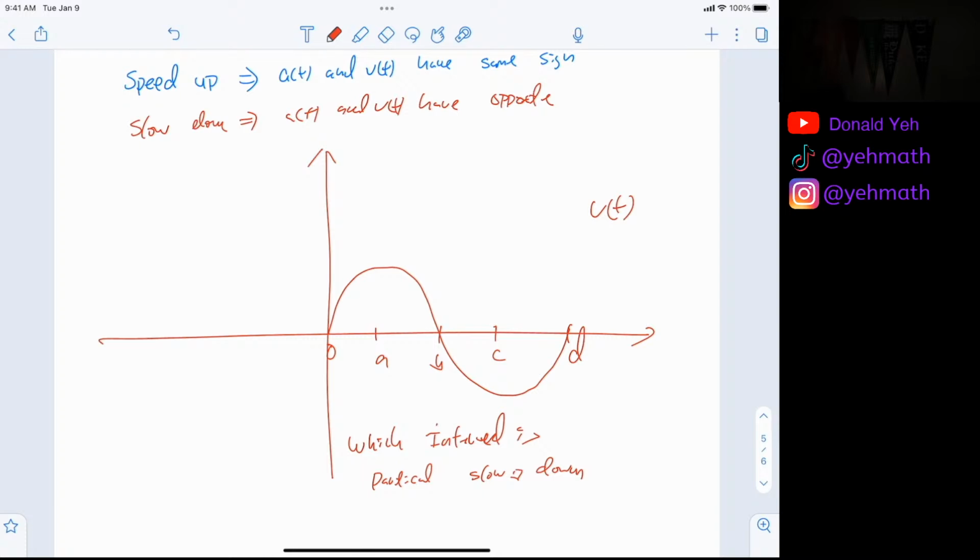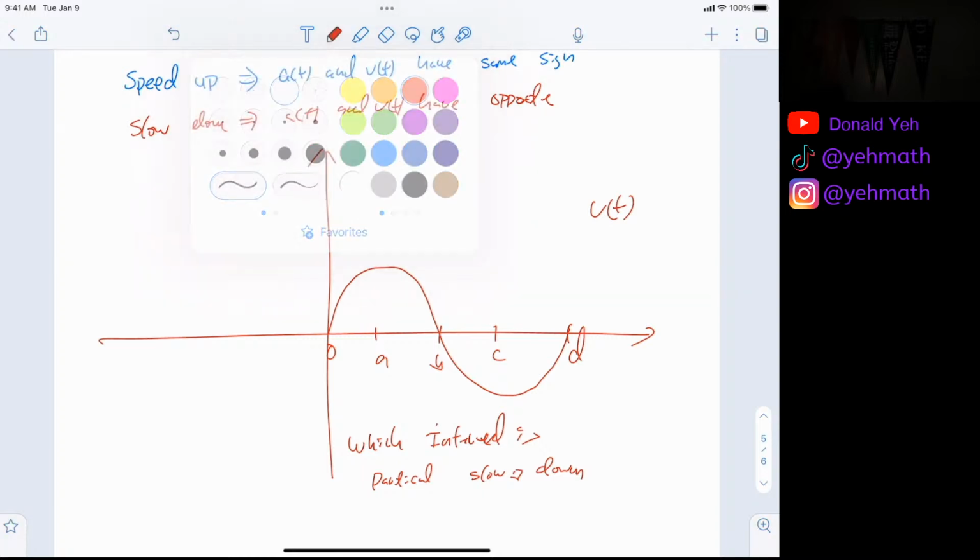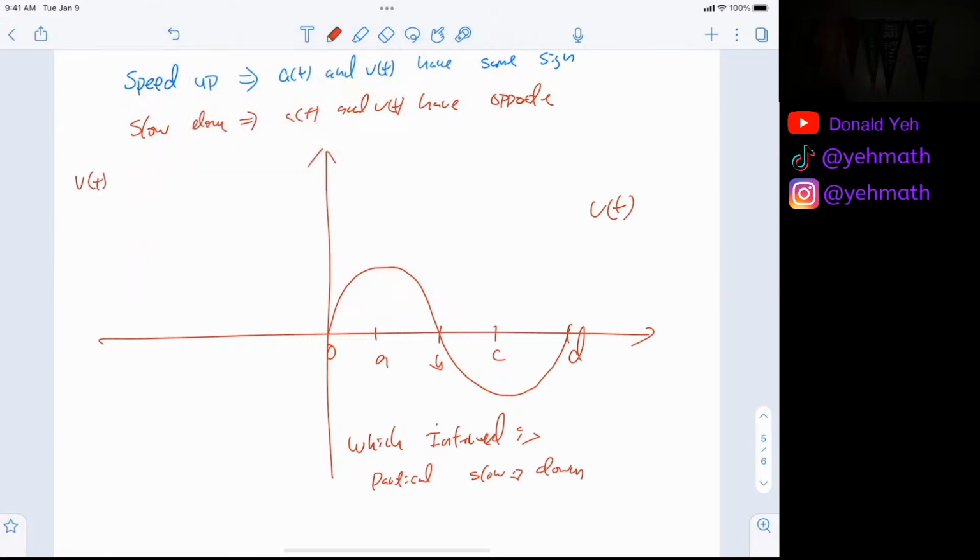I'll explain this way. I'll do a number line test. This is positive, this is negative. Before A, you have positive slope, and A of T is the derivative of it.